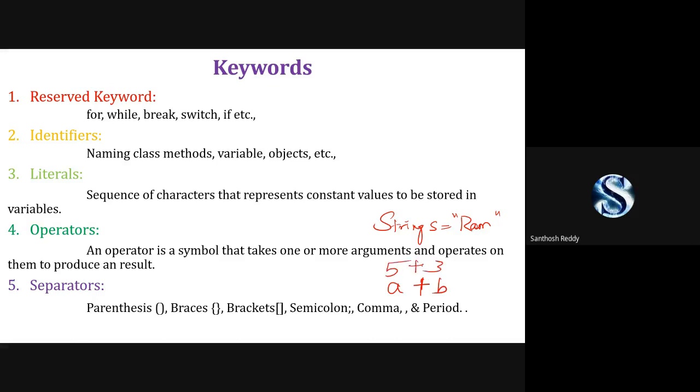We need operands, and only then will it work. That is what we call an operator. Next, separators. Separators are parentheses, braces, brackets, semicolon, comma, and dot. These are the separators you are going to have.